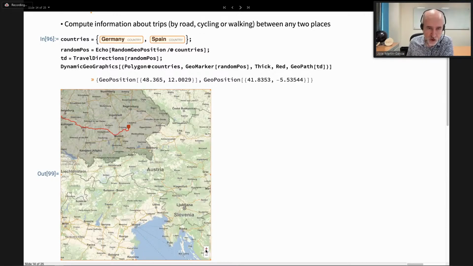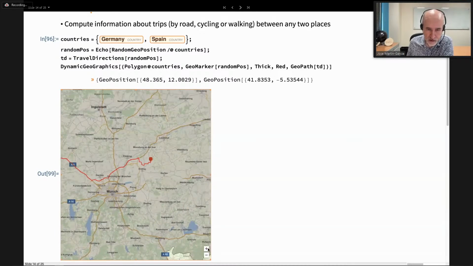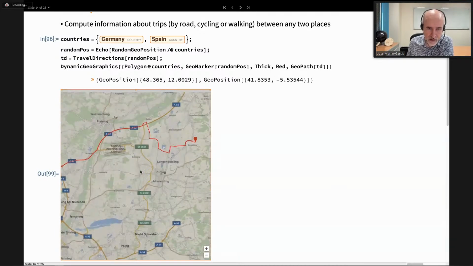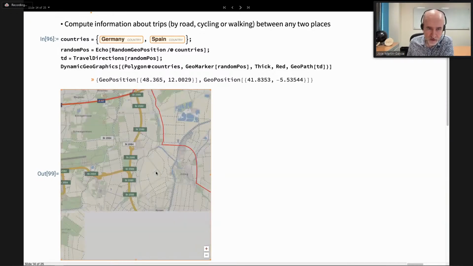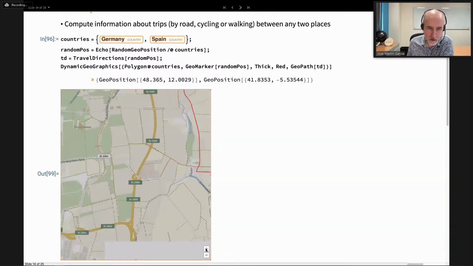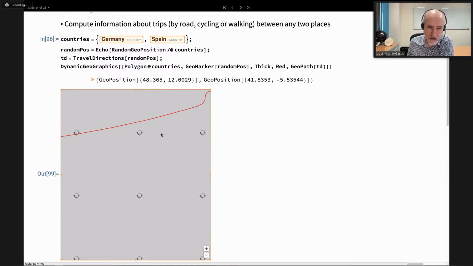And I want to show how this is precise enough to actually take into account all turns, and even, for example, we go to the motorway, you'll see how it's following all the intersections, etc.